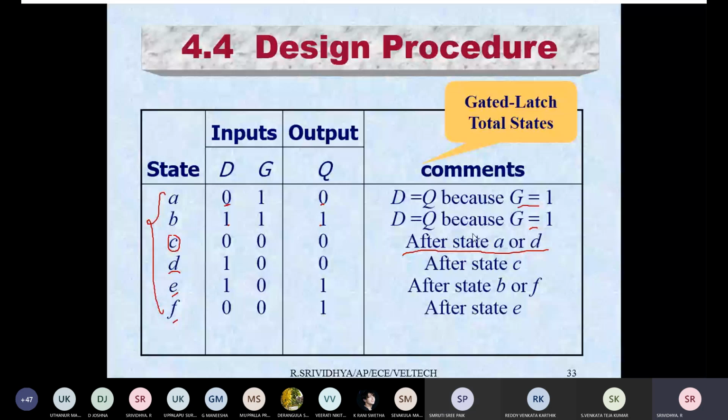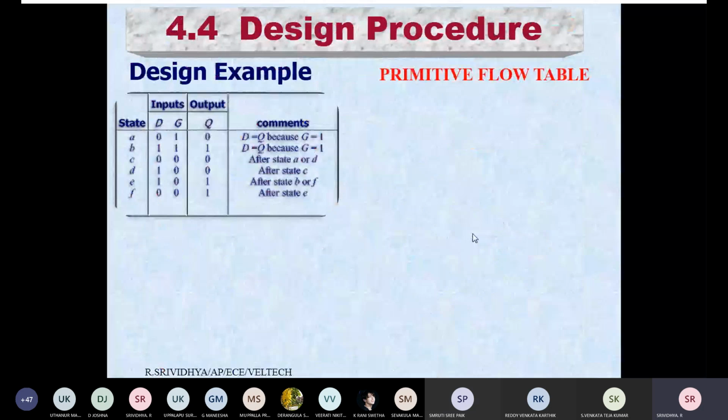So now, see, the next step is, according to that design procedure, going to be my first step. But before going into the first step itself, you all need to complete these primary steps from the design question. I have taken this as a reference because it will be useful for drawing the primitive flow table.